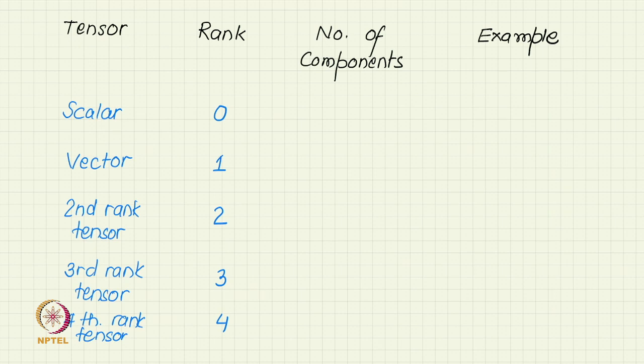The number of components for any tensor, a scalar you know has just one component. So, the number of components is given as 3 to the power of the rank of the tensor. 3 comes from the dimension of the space. Since we are talking of 3-dimensional space, a scalar will have one component, 3 to the power 0 is equal to 1.